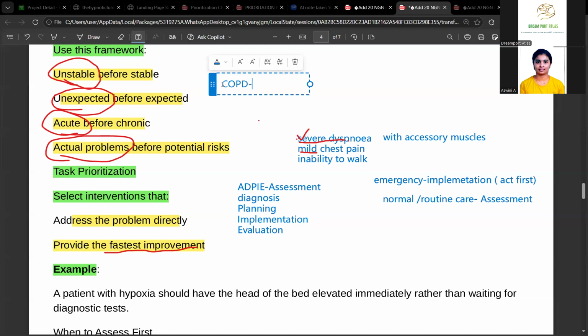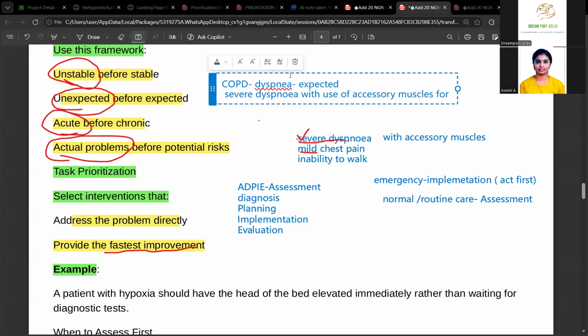If the client is having dyspnea, that is an expected finding only. But the client is having severe dyspnea with the use of accessory muscles for respiration.